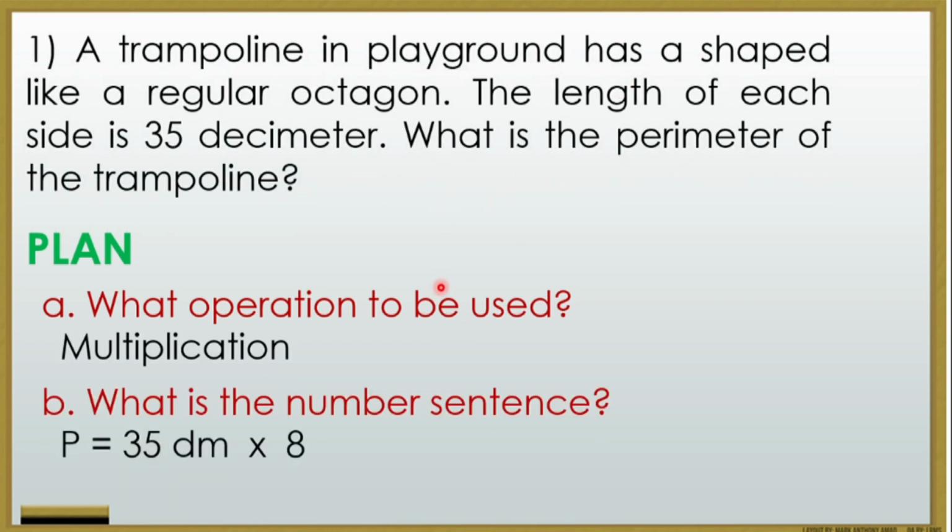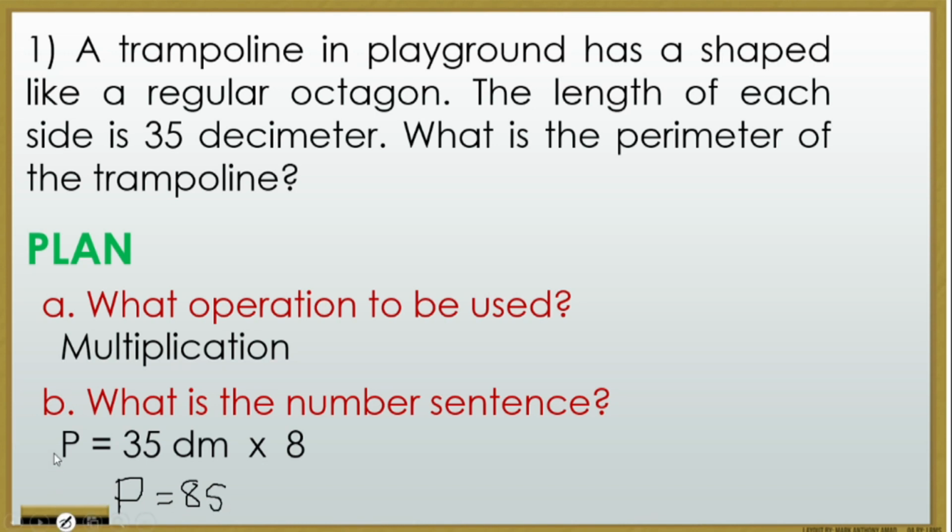The operation to be used is multiplication, and the number sentence is 35 decimeters multiplied by 8, or the number sentence is P is equal to 8 multiplied by S, or 8S.